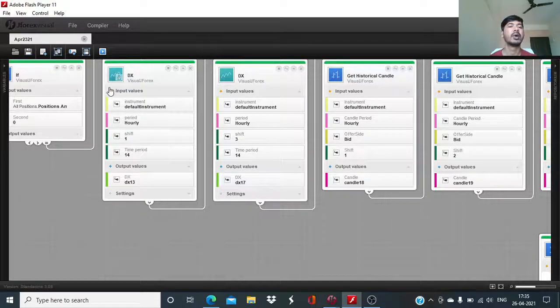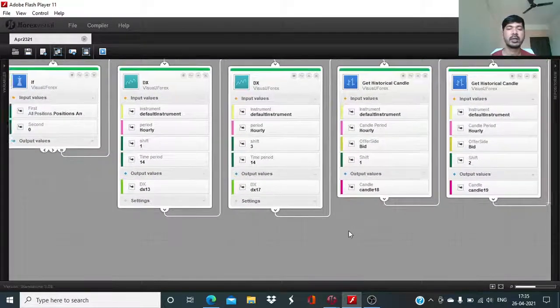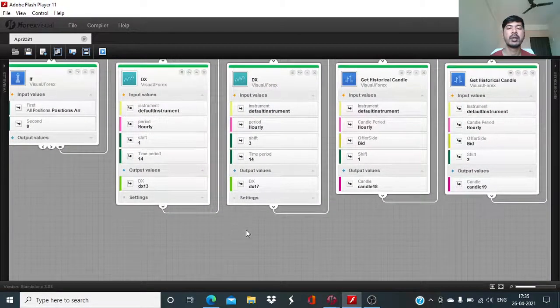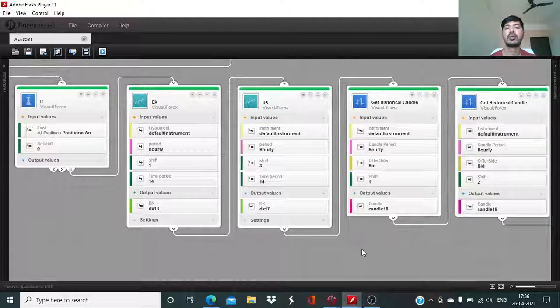And once we start defining the conditions for the buy side, we will then compare these output values. And for these also we will have to carry out the calculation expression, as we want these DX values to double in the last 3 hours.